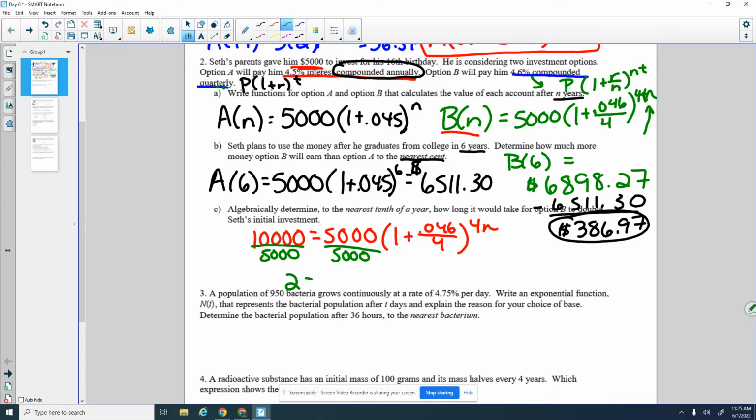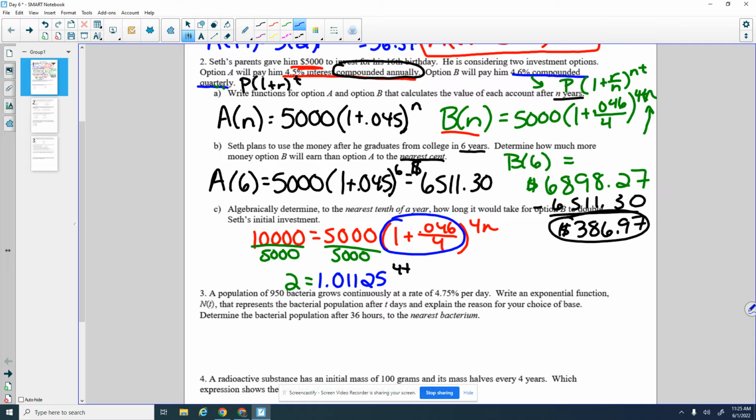I'm also going to type in this decimal, or this number plus a fraction, to get the decimal equivalent. That equals 1.01125 to the 4t. So I wrote this in different colors just to show this is our bend form.